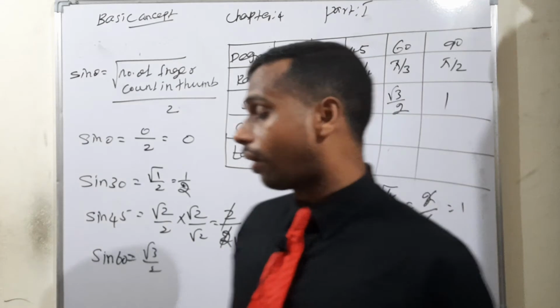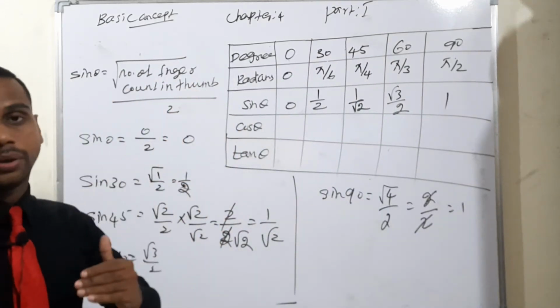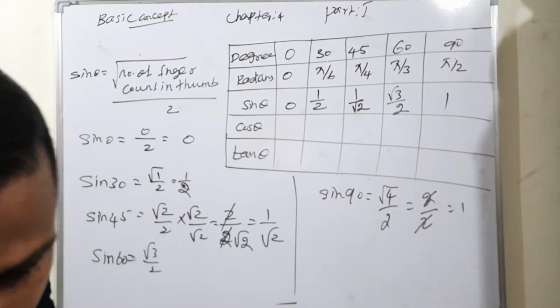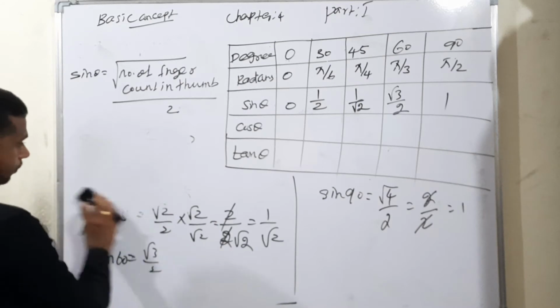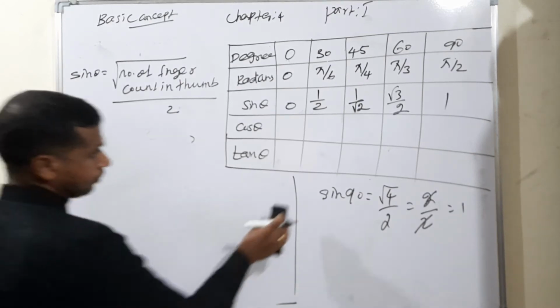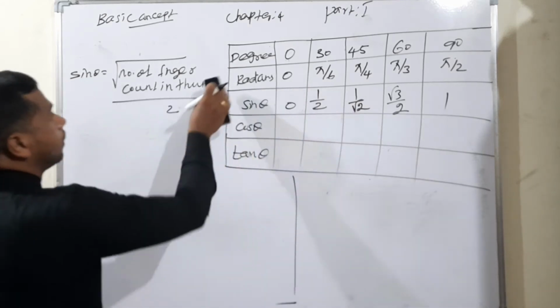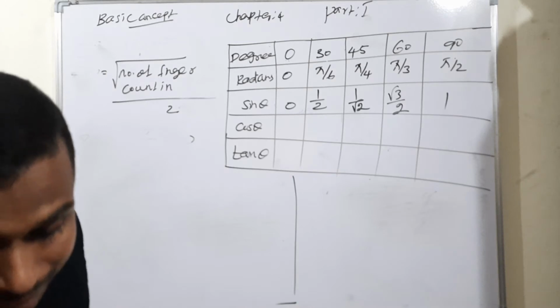Okay, moving to cos theta. Instead of the thumb, we have to count on the little finger side. What is the formula? Cos theta means the number of fingers counted on the little side.